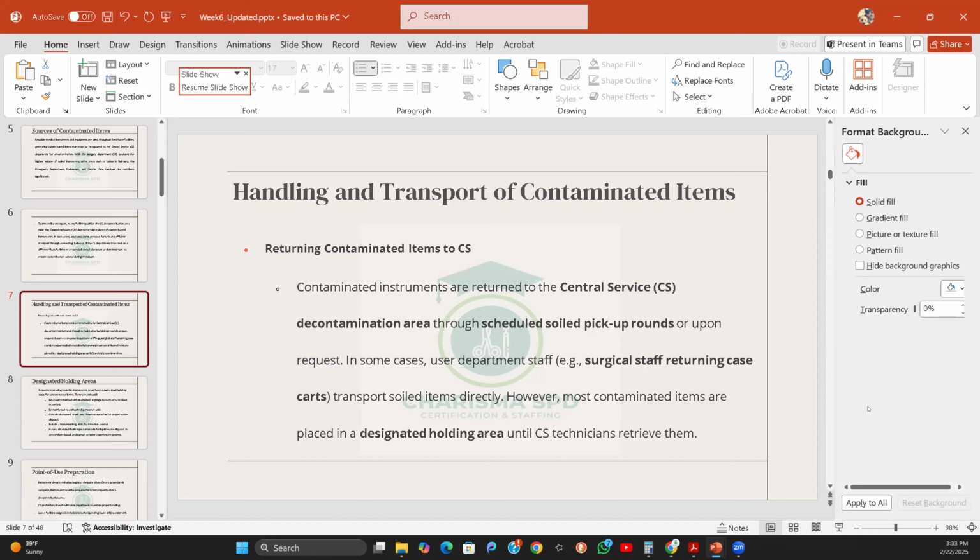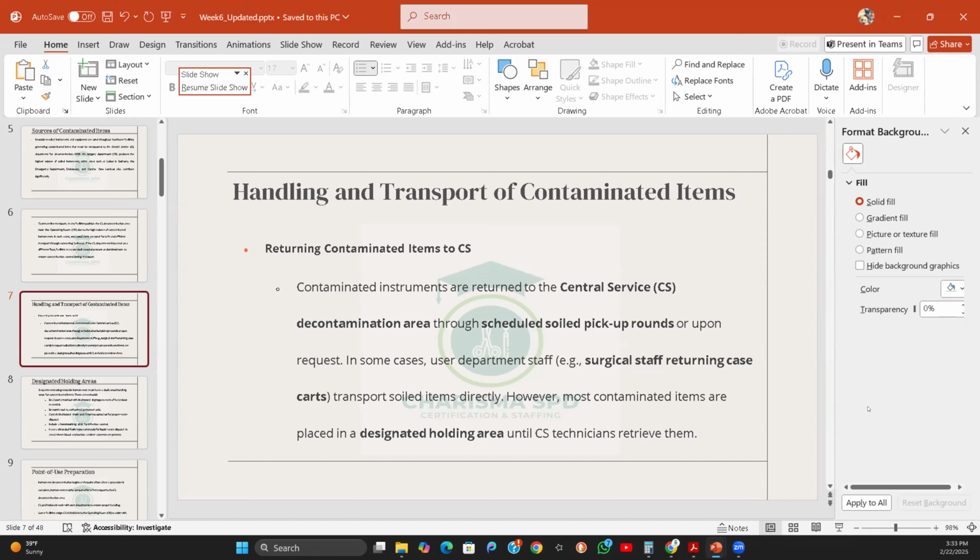It starts to rust. It makes them difficult to clean. And I heard somebody say damage. Yes, the instrument might get damaged. A good instrument might get damaged. Oh yes, my class, you are paying attention.